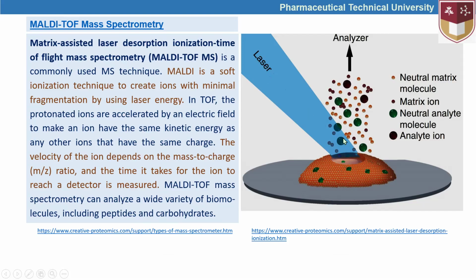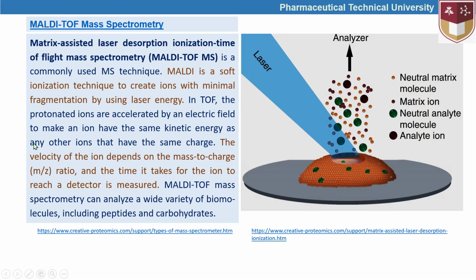Under the laser treatment, these two types of molecules, analyte and matrix, turn into the gaseous state. They could be ionized or non-ionized. So this is how MALDI works. TOF is time of flight, a type of mass analyzer, and MALDI is a soft ionization technique that creates ions with minimal fragmentation by using laser energy.